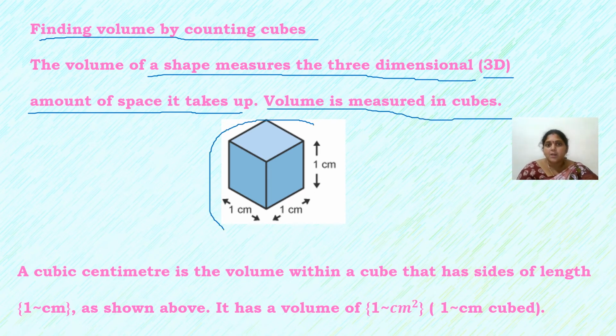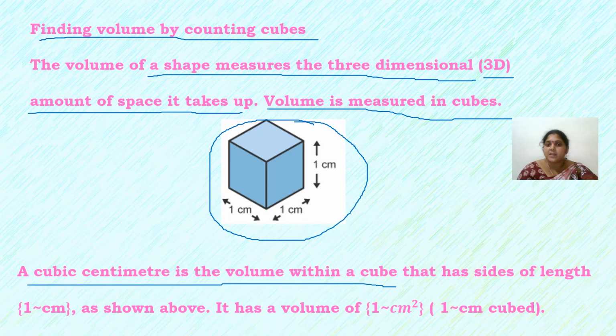This is only one cube. All the sides are equal. A cubic centimeter is the volume within a cube that has sides of equal length, a side of length 1 centimeter as shown above. It has a volume of 1 centimeter square into 1 centimeter.